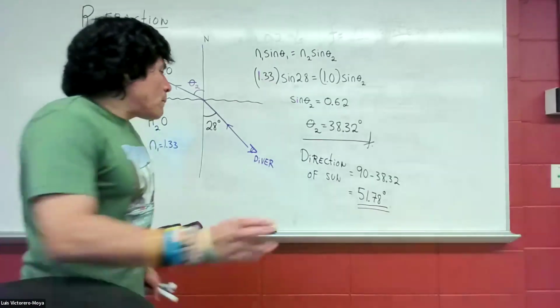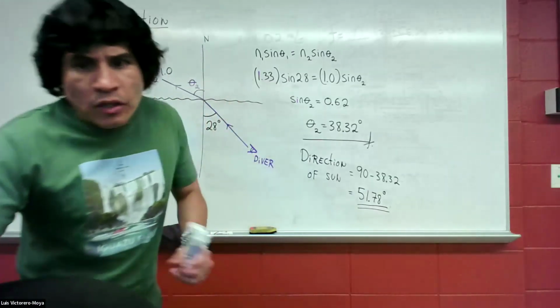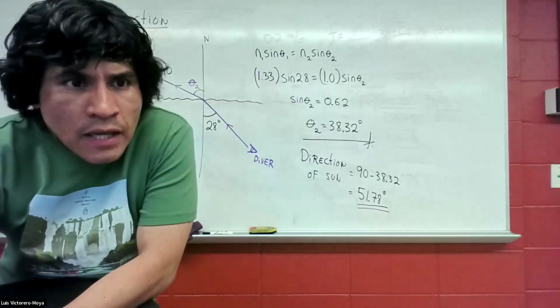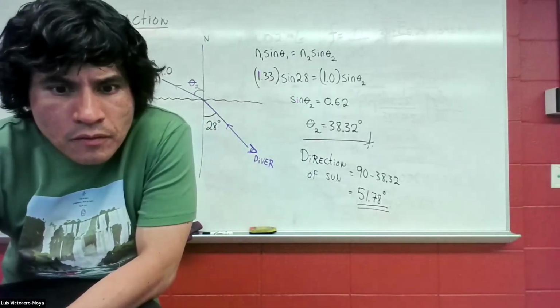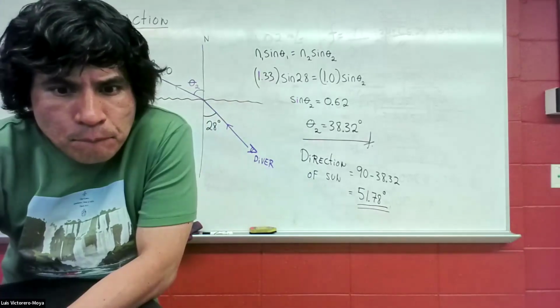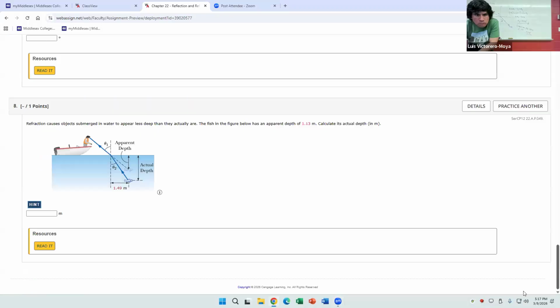This one, apparent depth. I'm going to show you the problem in Cengage. That's what happens when there is refraction, by the way. Objects appear at apparent depth, at apparent positions due to the refraction of light.